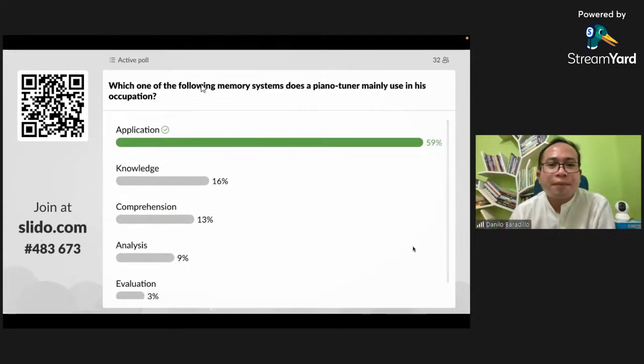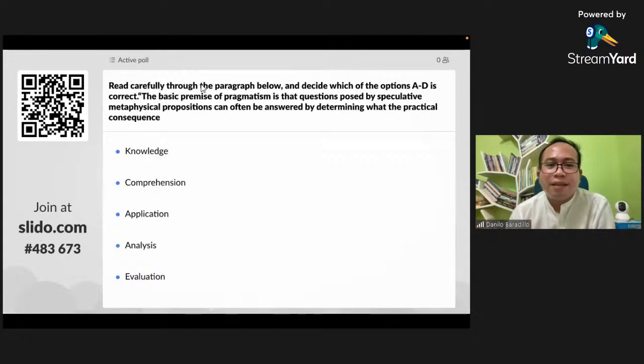Okay. Next one. Read carefully through the paragraph below. If you are given the paragraph, which of the options A to D is correct? For example, if we're given A to D: the basic premise of pragmatism is that questions posed by speculative metaphysical propositions can only be answered by determining the practical consequence. So what kind of Bloom's taxonomy is being addressed by this stem?